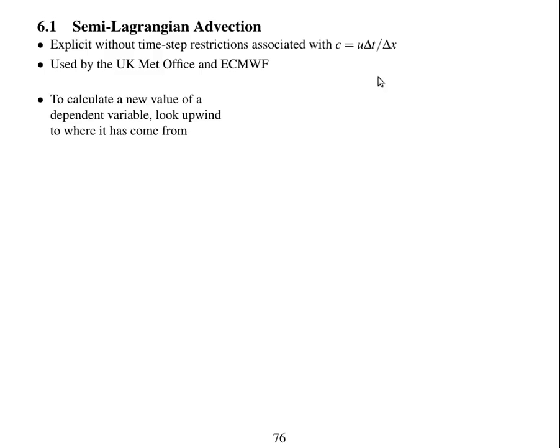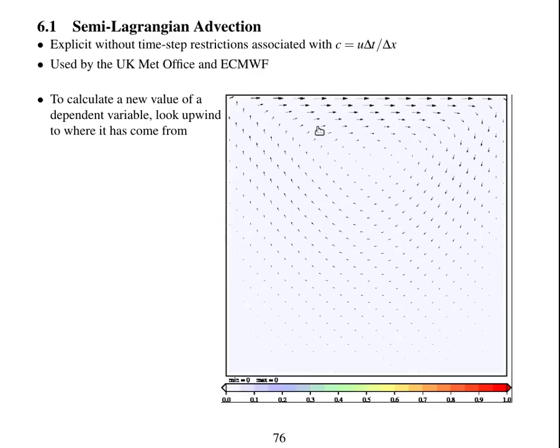And the way it works is, in order to calculate a new value of a dependent variable, for example the temperature, you look upwind to see what the value of that variable is upwind, to where it's come from. So this is an example of advection, where something is being released here.